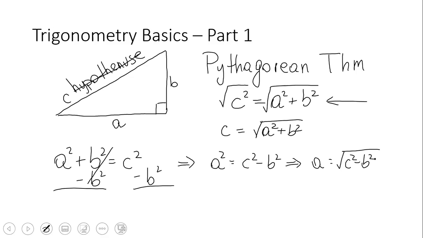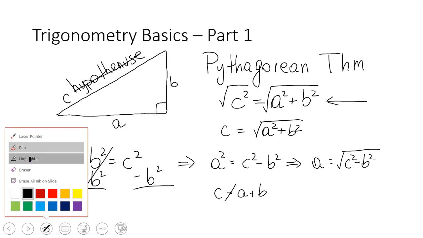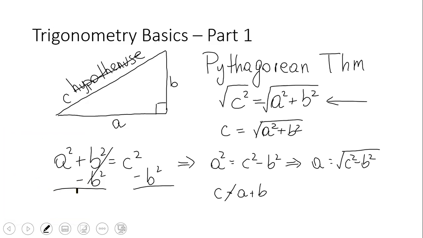But even more importantly, this tells us something important about the length of C. It tells us that the length of C is definitely not A plus B. In fact, as we will see later, the length of C is actually always less than the sum of the lengths of A and B. And you can sort of understand that if you were to walk along A and then along B, you'll get from your initial point here to your final point here, going along those two lengths.